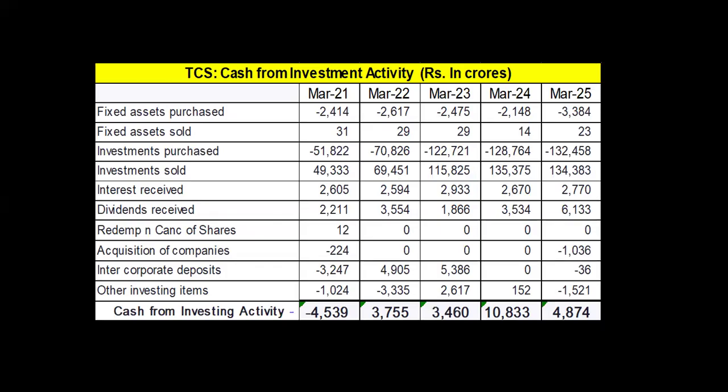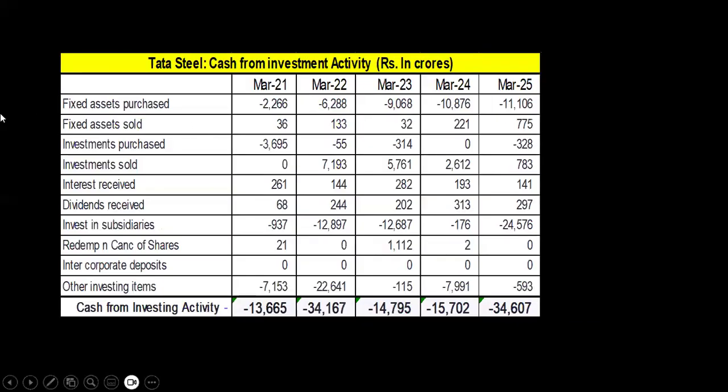So the positive CFI is to a large extent because of the purchase and sale of investments. The acquisition of fixed assets will obviously be minimum here, or rather a small amount, because TCS is not into manufacturing. Whereas we can see that for Tata Steel, there is a consistent negative CFI.